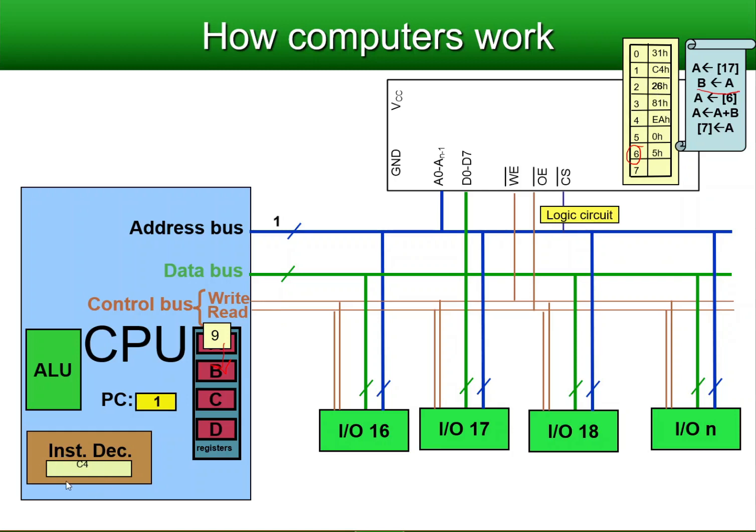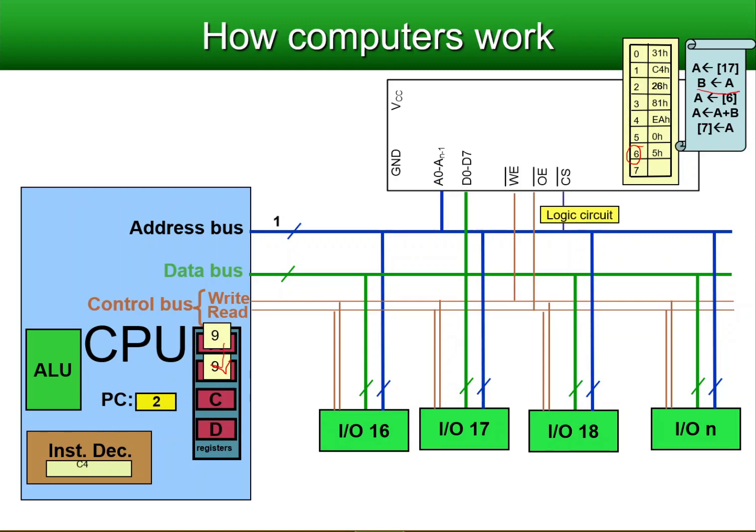The instruction decoder will decode it and understand the task, and meanwhile our program counter will increase by 1 so that it can tell us about the next instruction. Here we can see that the second instruction is that we want to copy the data from the A register to the B register. So it will read the information from here and write it here. Now both the A and B registers have the number 9. Our second instruction is done.